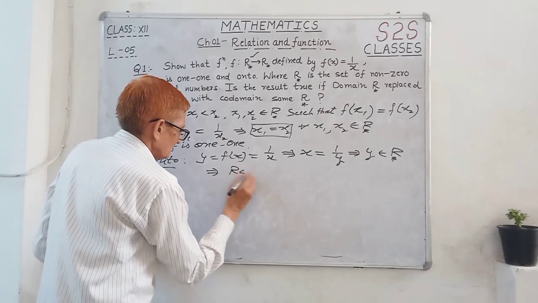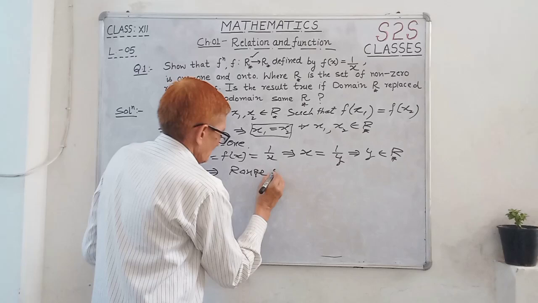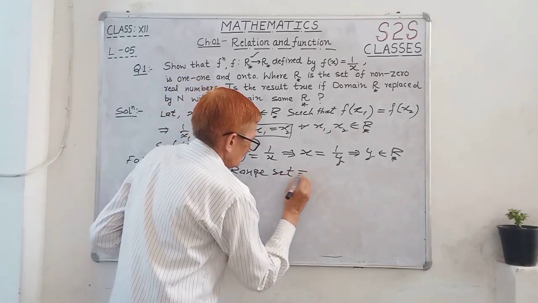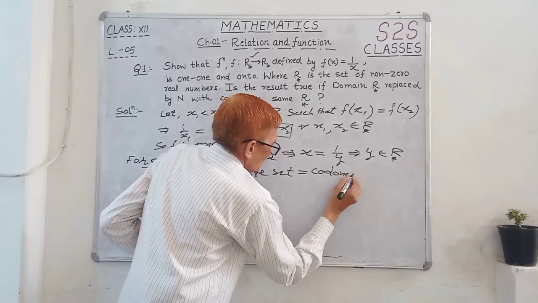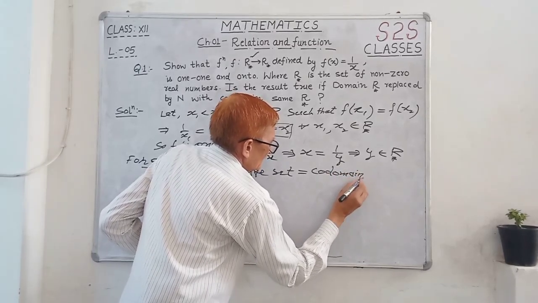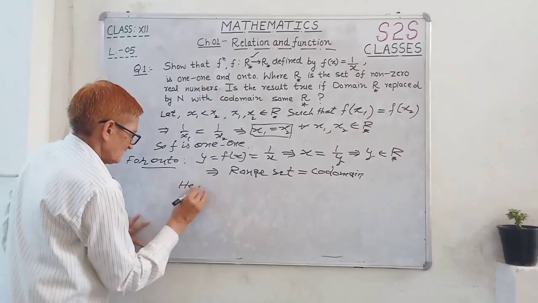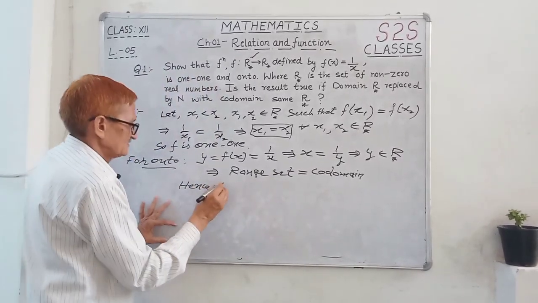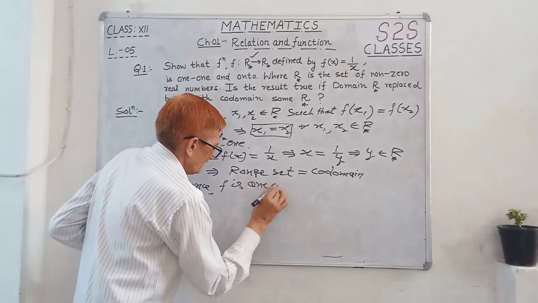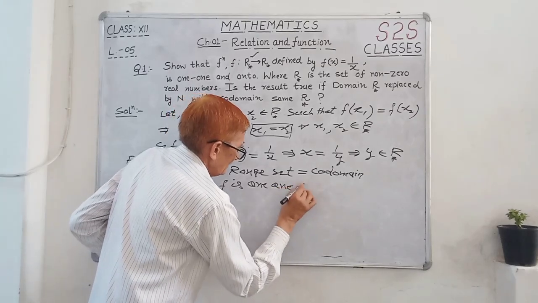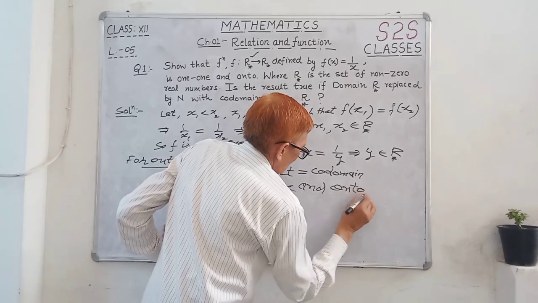Hence this implies range set is equal to codomain. Hence f is one-one and onto function.